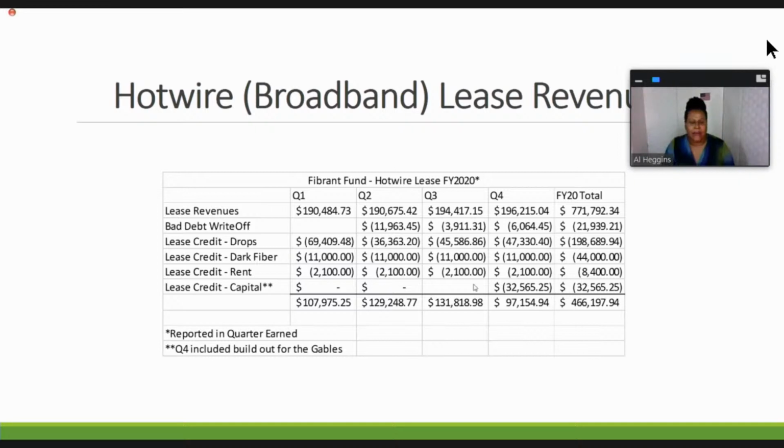So Shannon, when we are looking at these 4 quarters here, when I look at quarter 1, I look at the 107,975. That's what they have paid to us. Yes, that's the net check. Okay, and the same thing for quarter 2. Yes. Same thing for quarter 3.